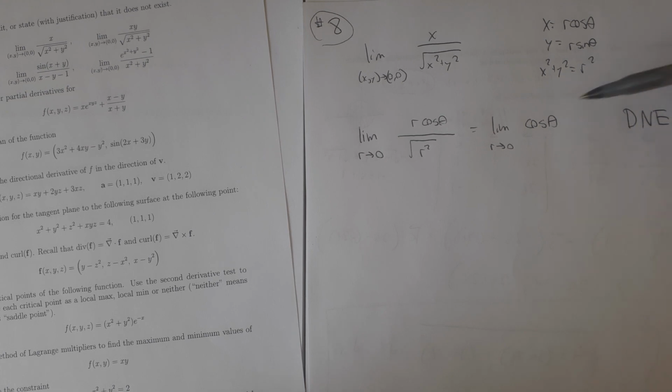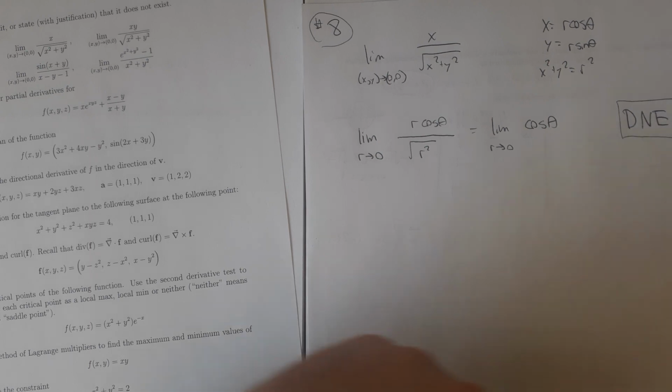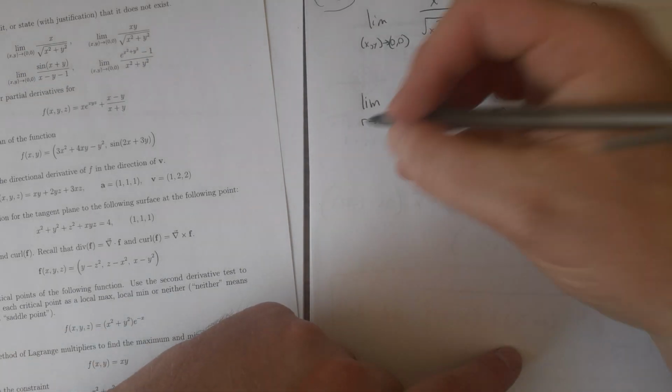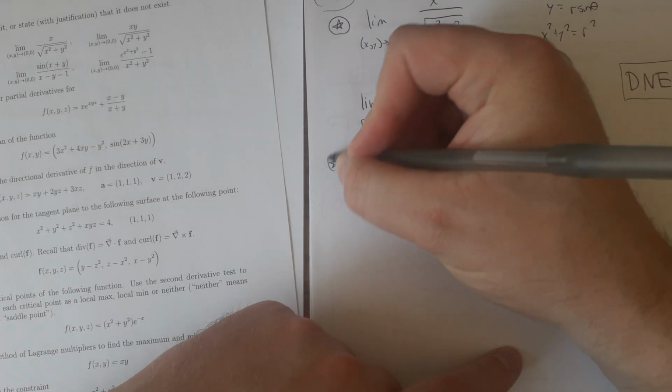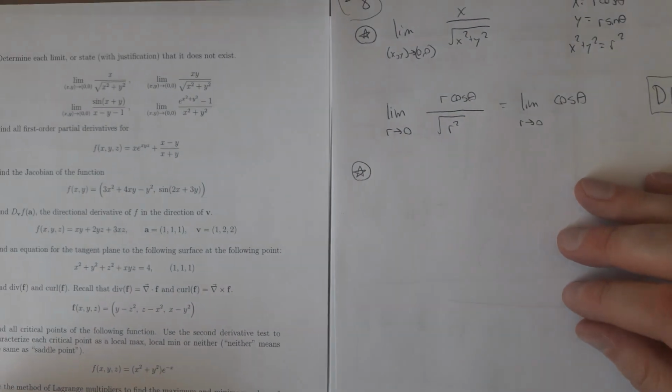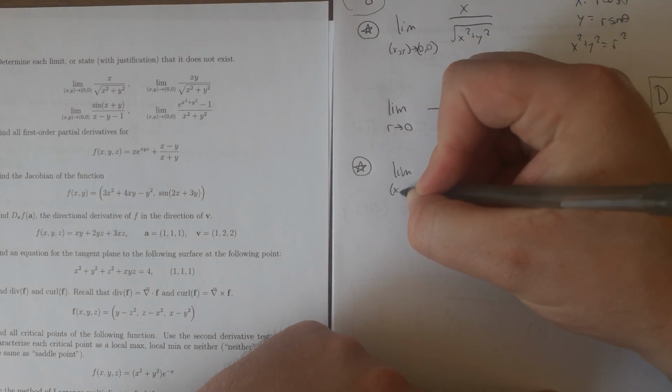This is like saying that if theta takes different values, then we're going to get different answers for our limit, depending on whatever the cosine of theta is. So this one does not exist. So yeah, this is the first one. The second one from number 8 is similar.